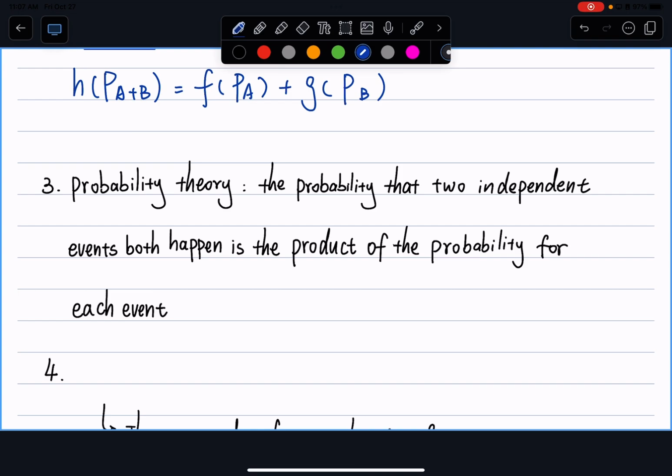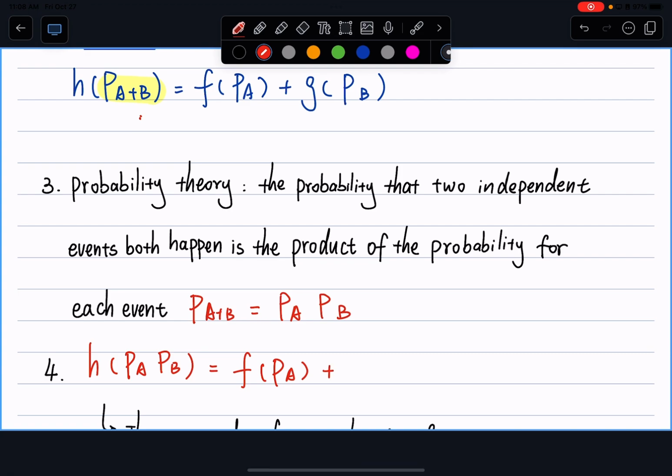So PAB, the probability of A and B happening at the same time, equals the probability of A times the probability of B. With that in hand, we can rewrite this expression as H as a function of PA times PB, which gives you the function f of PA plus the function g of PB.